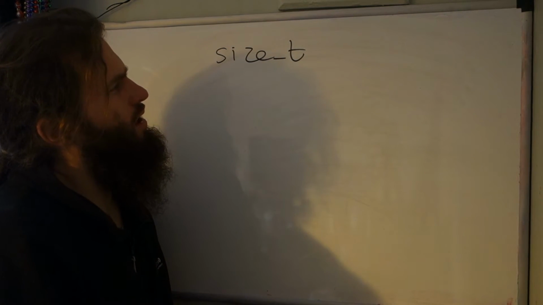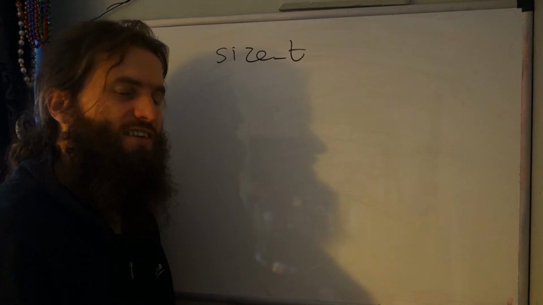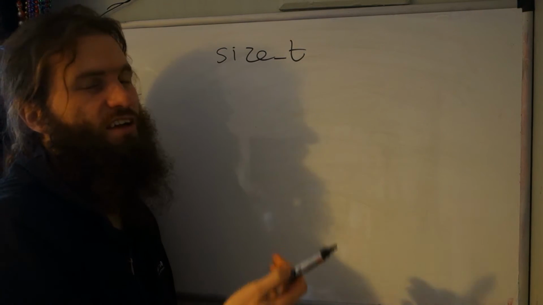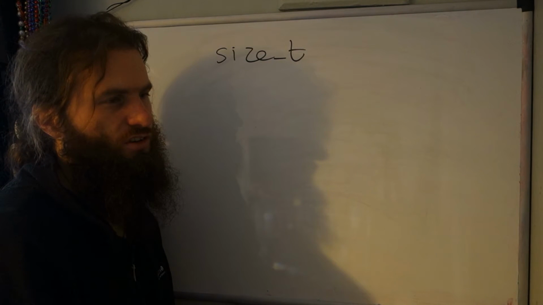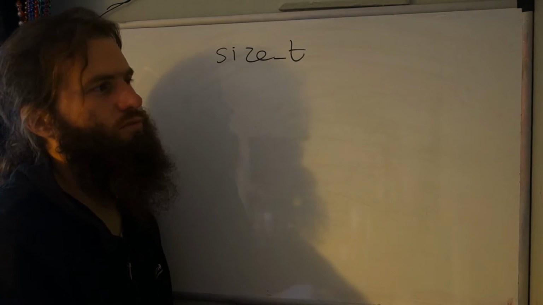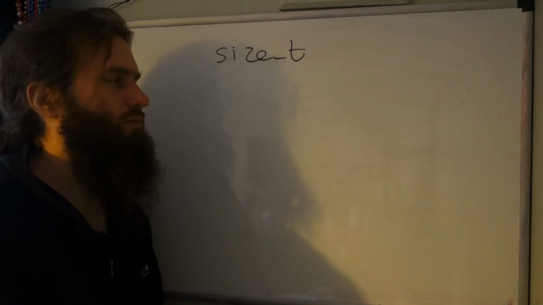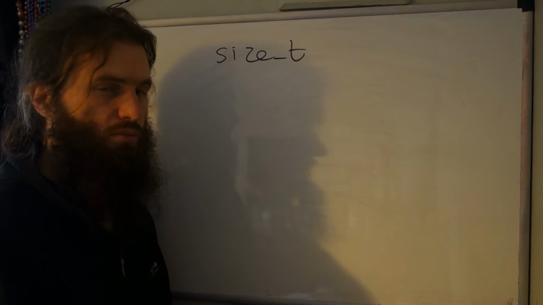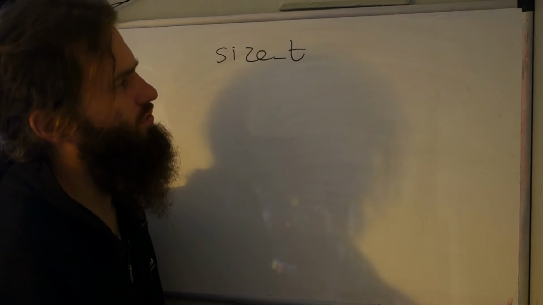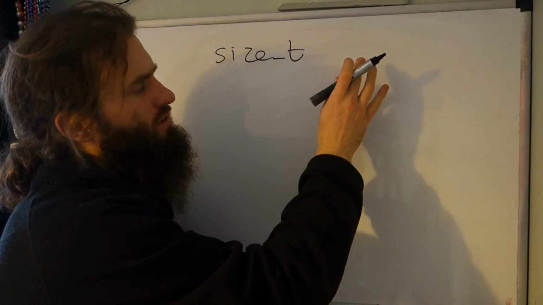The reason it was invented, and that it isn't just an unsigned int, is for portability: on different architectures the amount of memory you can address can be different, and the amount of objects that you can read or write might be different. So this was designed for portability, and that's all I'm going to say about it.